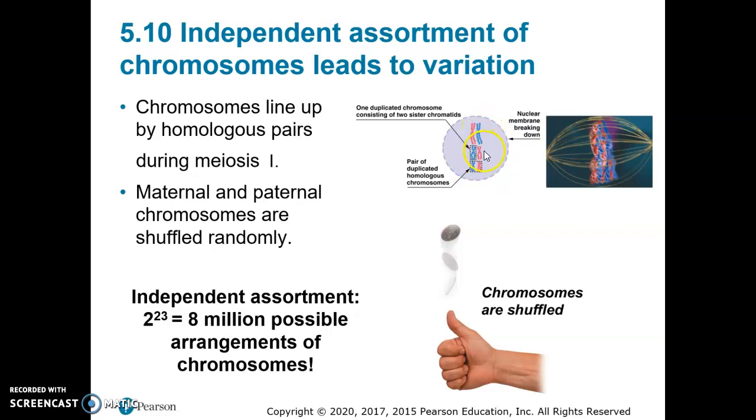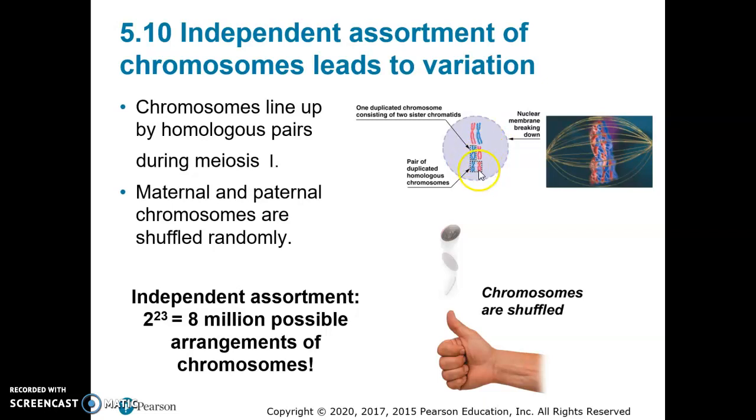And so if the chromosomes line up as they do in this diagram here, when this cell splits down the middle, then some of my gametes are going to code for my mom's blonde hair, but my dad's left-handedness. Where other of my gametes are going to code for my dad's black hair, but my mom's right-handedness.